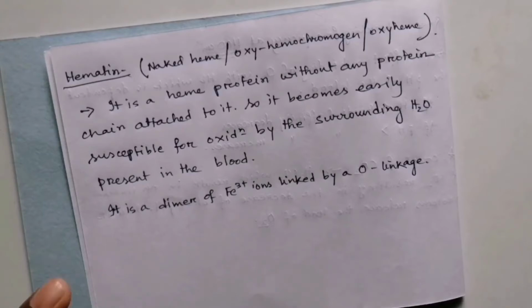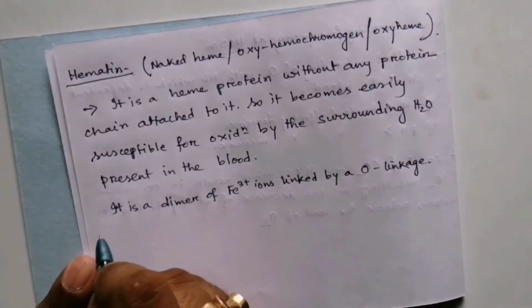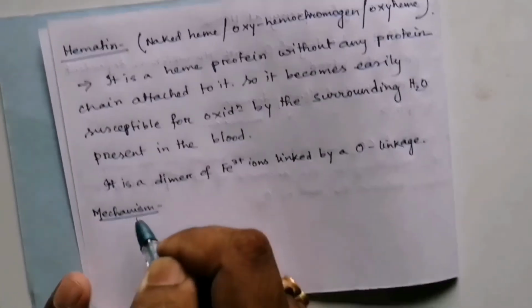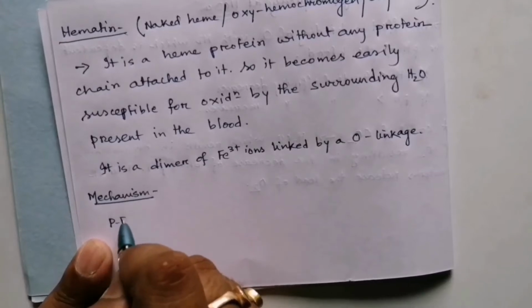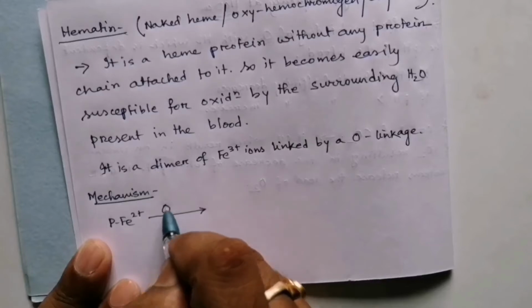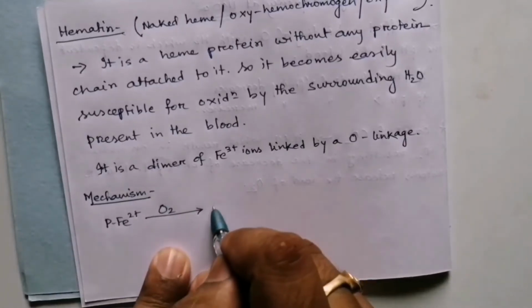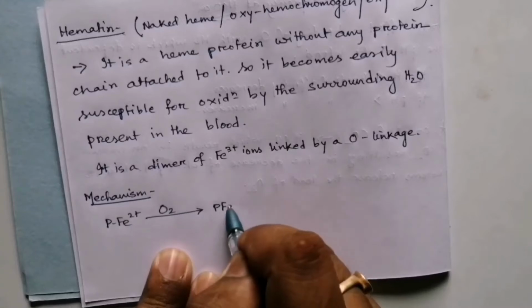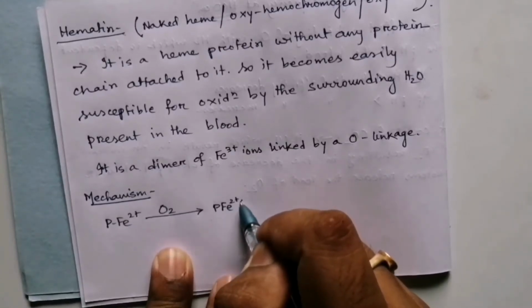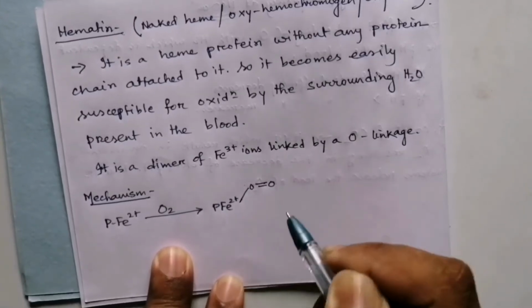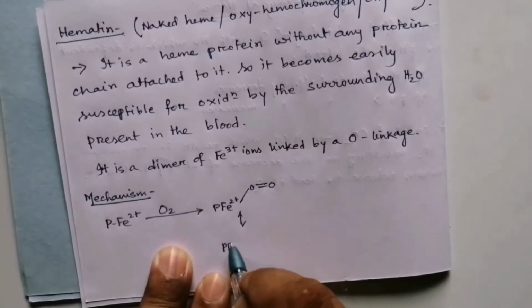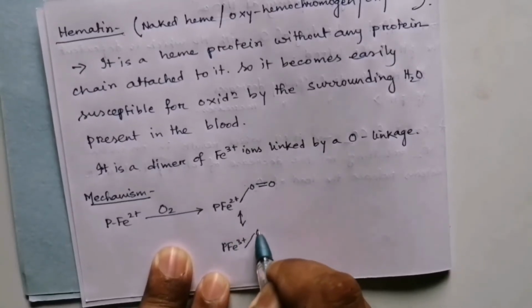So let us look at the mechanism of how a hematin results. So this is the porphyrin ring comprising of Fe2 plus. So when oxygen binds to the ferrous ion, it is linked in a bent fashion, or we can write this one also like this.